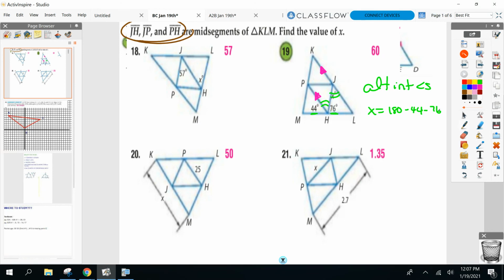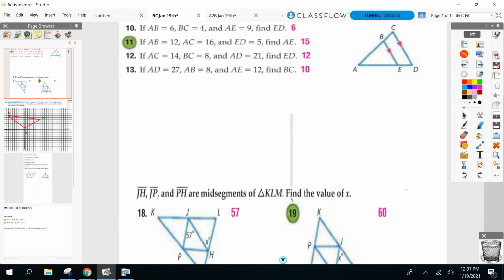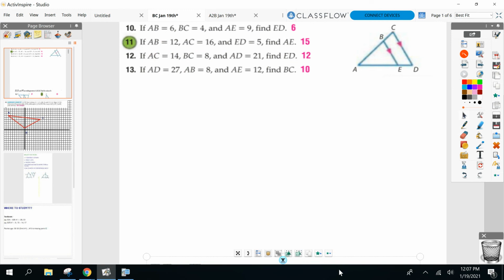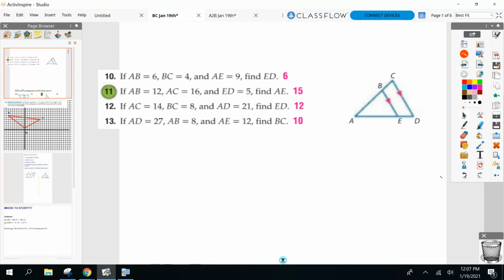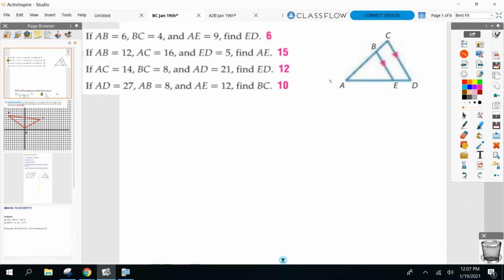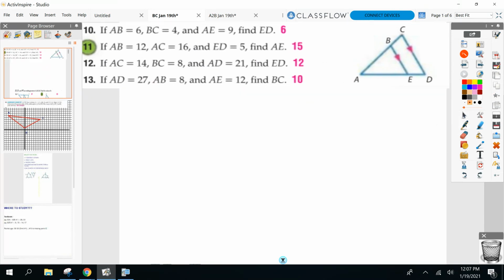Can you go over 12, how to set up the proportion? Yep, number 12, I'm going to question in class on how to set up number 12. Get that down there, get this back. We'll blow that up. Okay, 12. AC is 14. BC is 8.